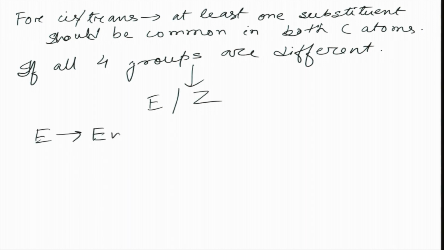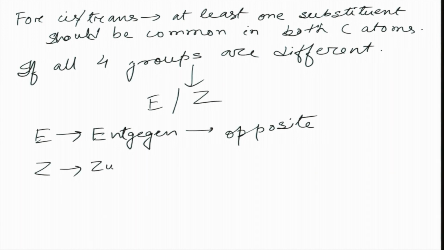E is called Entgegen, which means opposite, and Z is called zusammen, which means together. Now, if all 4 groups are different, then how will we say opposite or together? That is by means of priorities.